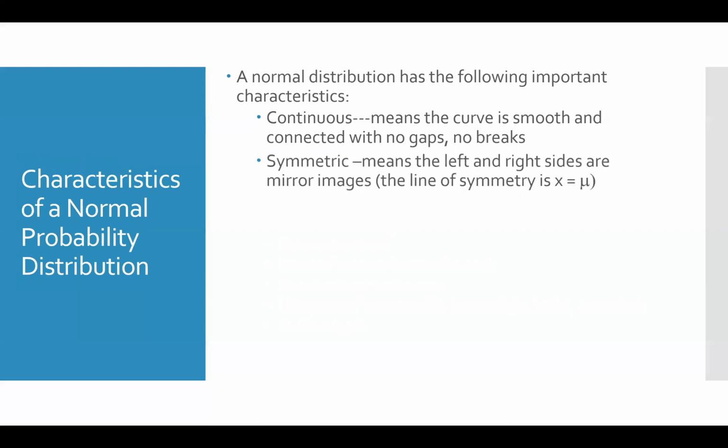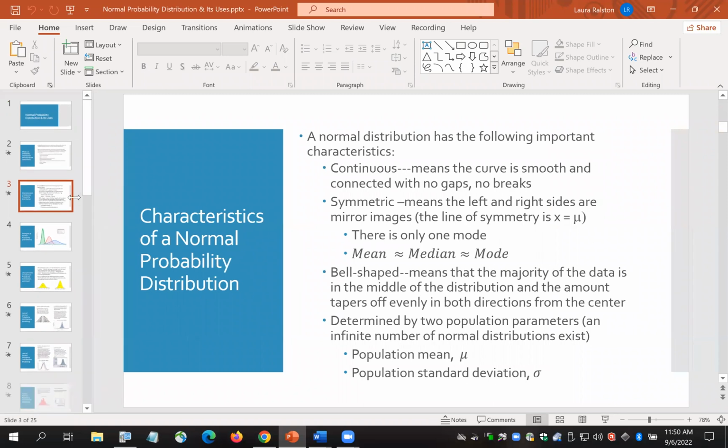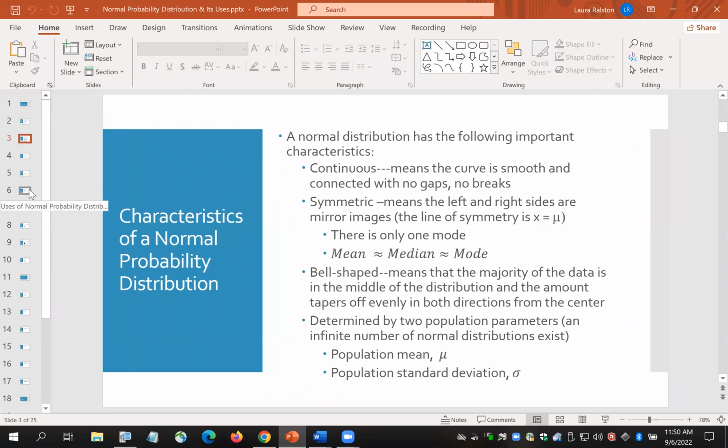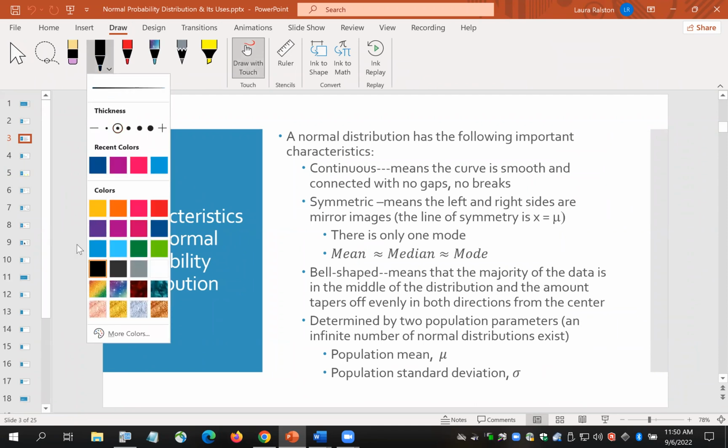One of the key characteristics about the normal distribution is that it is symmetric. Symmetric means that your left side and your right side are mirror images of one another. Let me see if I can draw what you would think of when you think of a normal distribution, or when we draw one.